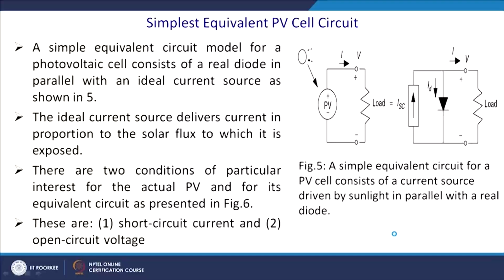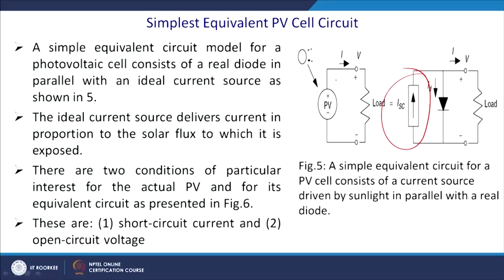Now, let us make an equivalent circuit of it. The simplest equivalent circuit is the PV cell and the load, and that can be thought of as a current source with a diode in parallel with it, and the load.